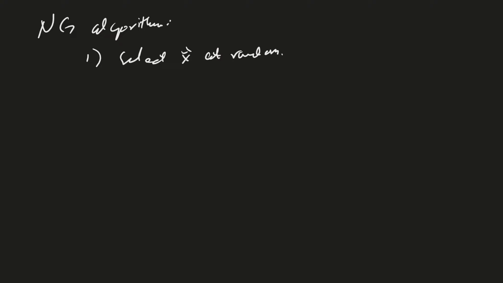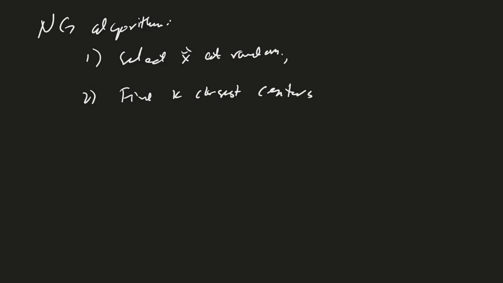So let's go ahead and write down the neural gas algorithm. One, select X at random, and that should be uniformly random. Two, find the k closest centers.